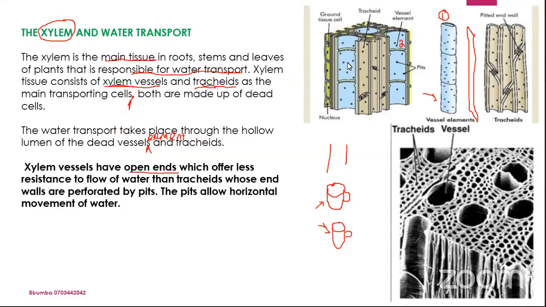So things just go up and down like that. But for the tracheids, their endings are not open-ended. They have pits which connect from one tracheid to another, like that.